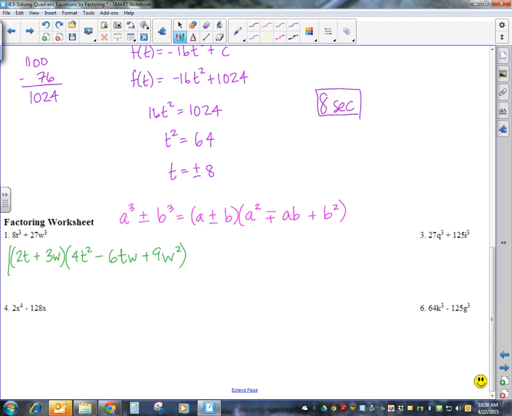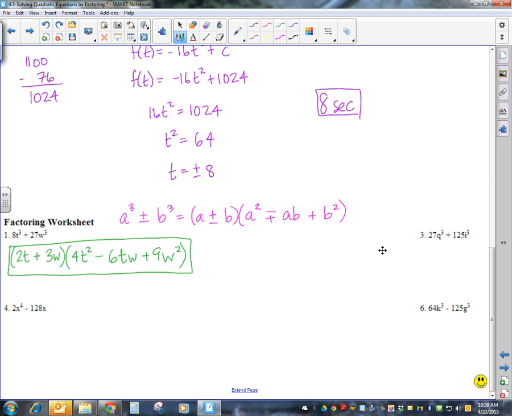So that is how this factors. Now, that is the only way it factors. So if you had to solve that equation, this, of course, sets equal to 0, and easily, well, you have two variables, so that's not an issue here. But if it was just one variable and you had to solve it, you're going to have to put it in the quadratic formula, okay? Because it does not factor.